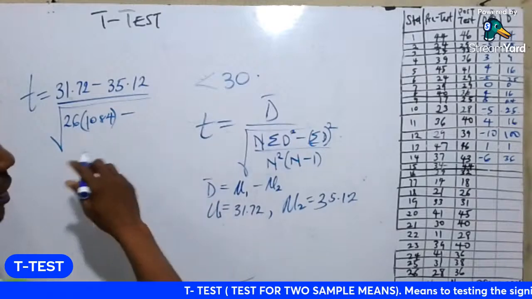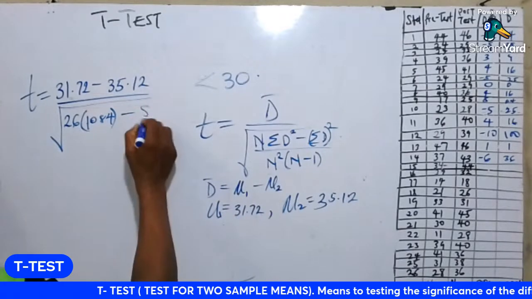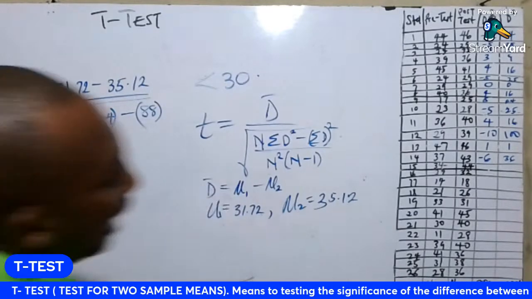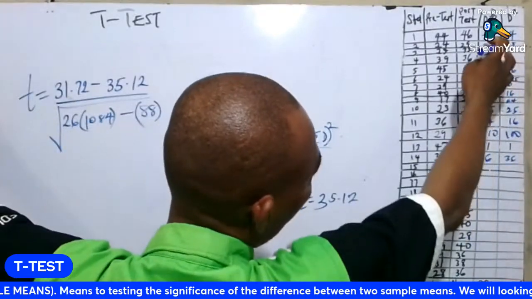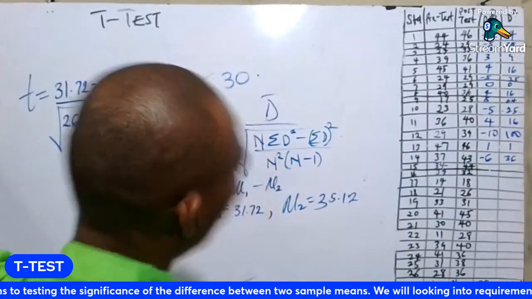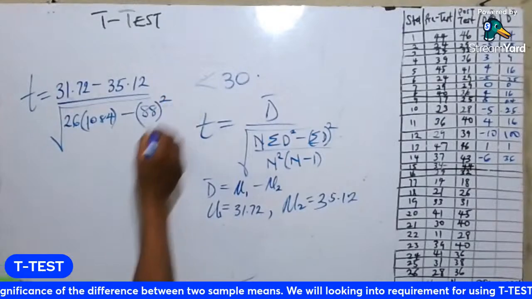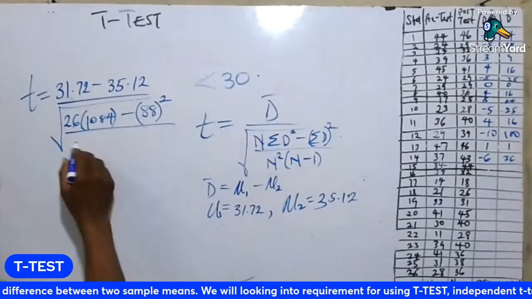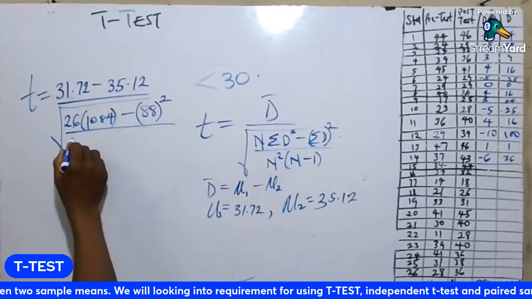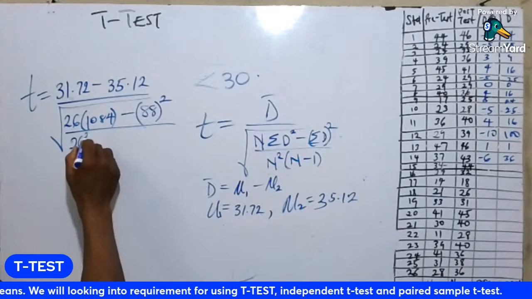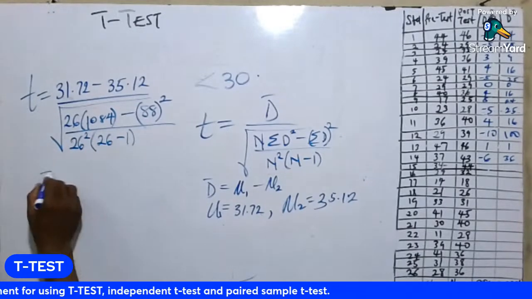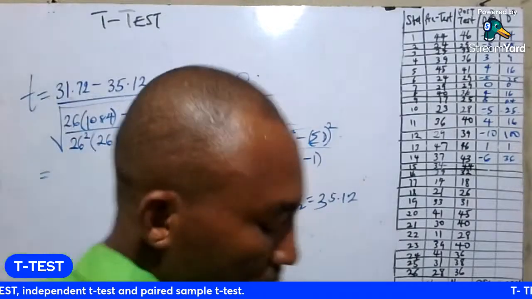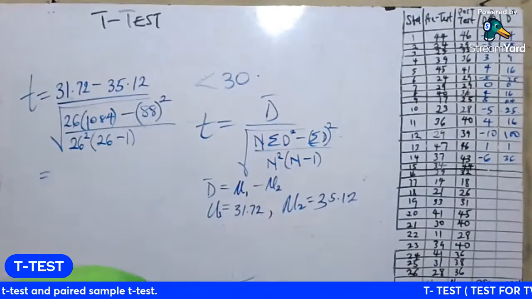So summation d is 88, that is the addition of all the differences between the two groups, 88 all squared, everything over the sample, 26 squared into 26 minus 1. So let's put all this together now.